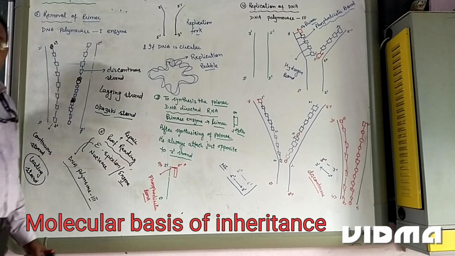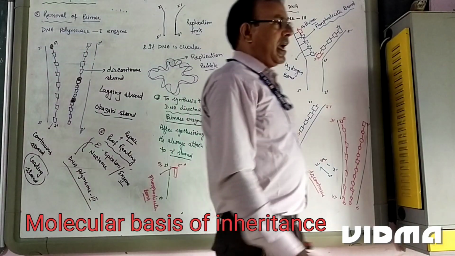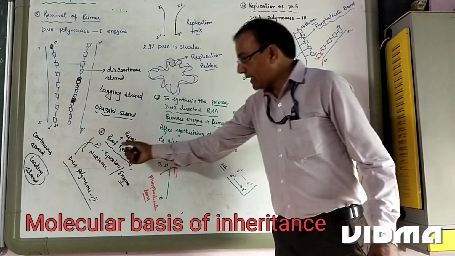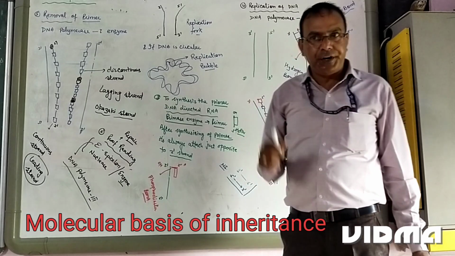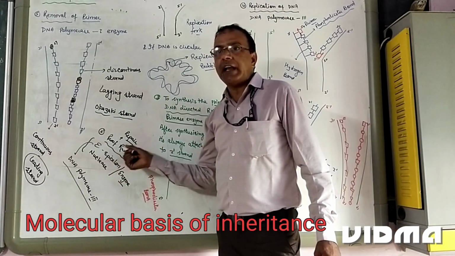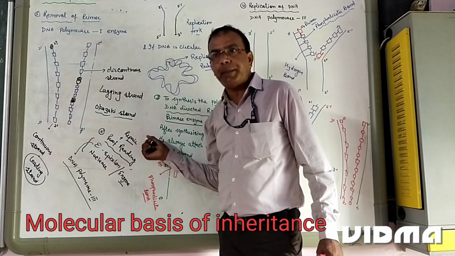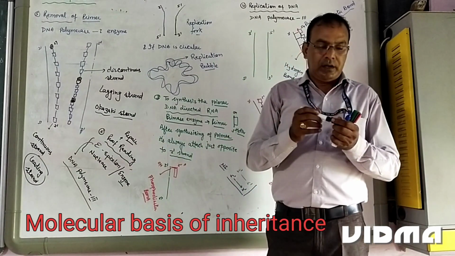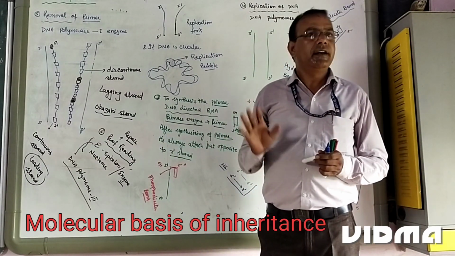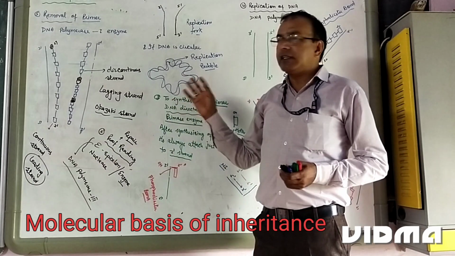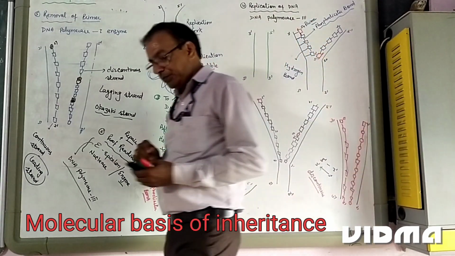DNA polymerase III has 3 units: alpha, epsilon and beta. The epsilon unit helps in proofreading, and nucleases help in proofreading as well as repairing. So no type of mutation can take place. Clear? This is the replication process.